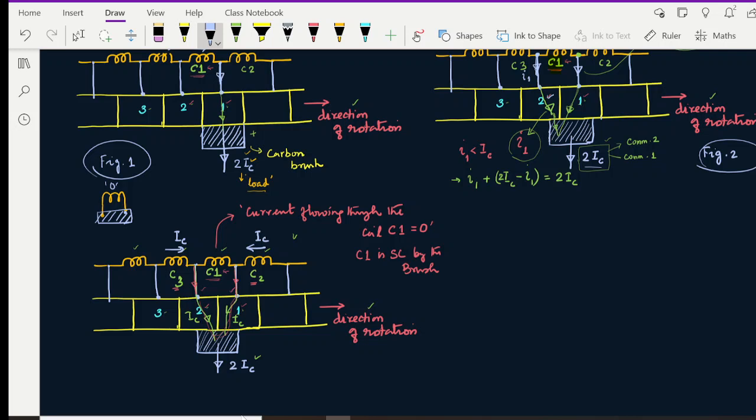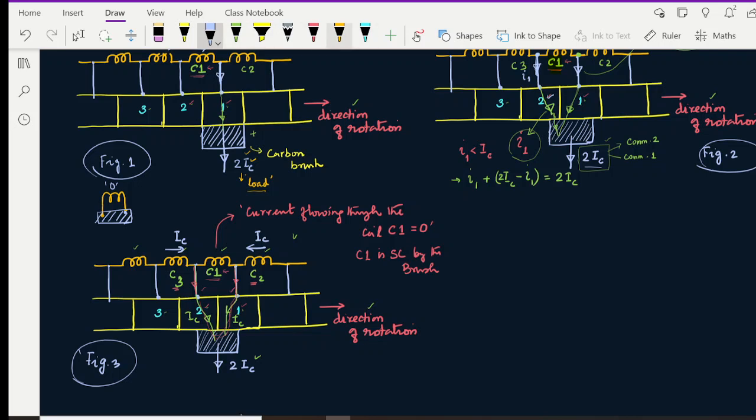So in figure 3, as we can call it, we can look at an interesting phenomenon: the current flowing through coil 1. Don't ever forget, we are interested in watching the pattern of current in coil 1 only. The current flowing through coil 1 in figure 3 becomes 0 at this moment.